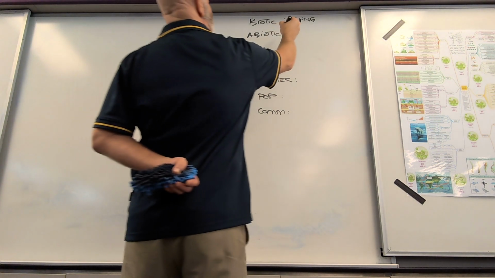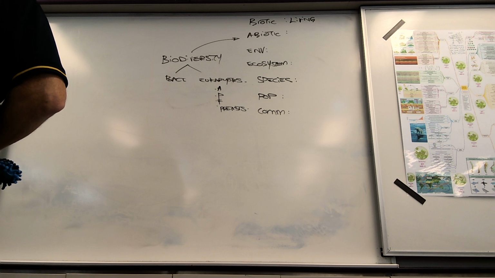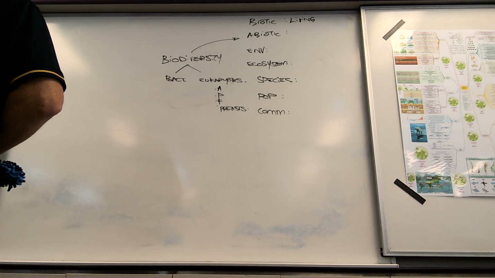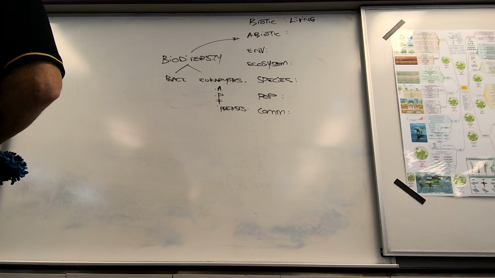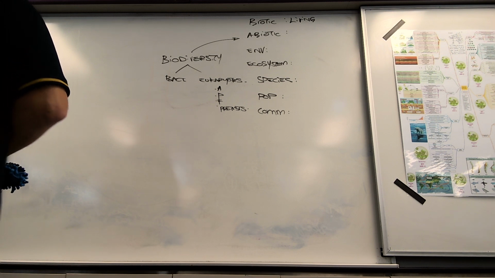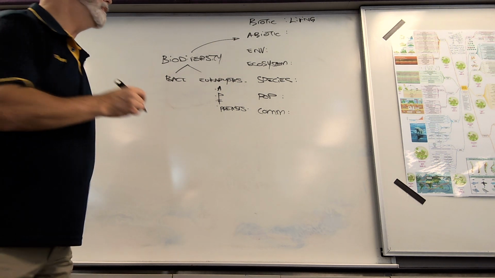What about an abiotic factor? Damaris? Abiotic factor? Non-living. A non-living part of the environment that influences your survival.